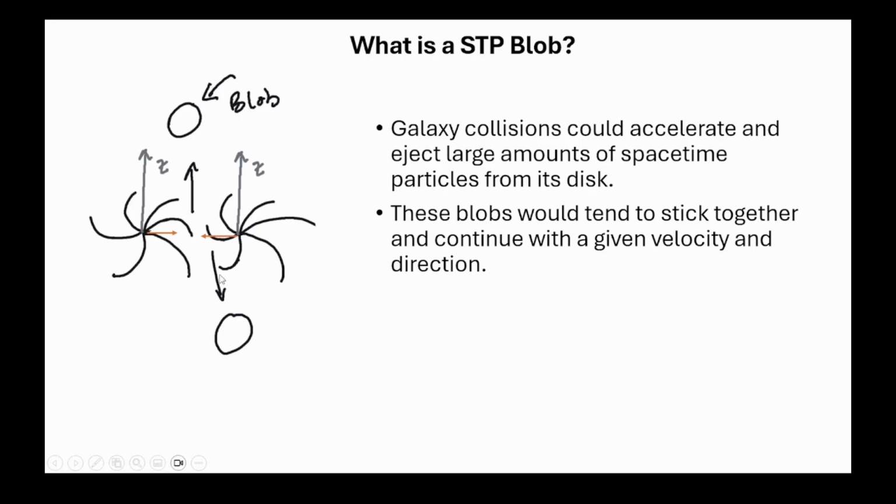If there's a medium that's swirling, you can make a rough assumption that the mixing isn't going to be, the slip condition is going to be in the center, and there might be a situation where perhaps the flow is getting accelerated and then ejected. So the medium that's swirling around the galaxy is going to be shot out in what I'm calling these STP blobs. So these are going to be moving out away.